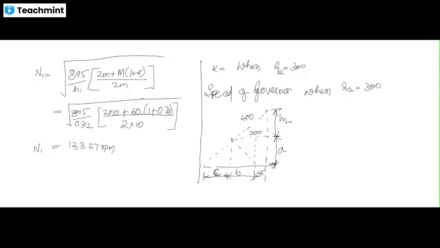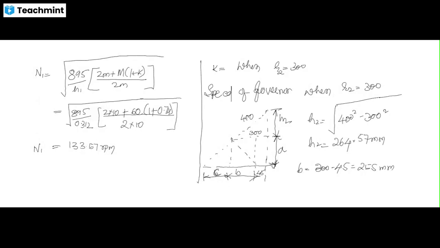Now let us find out H2 first. H2 equals the height of the governor at radius R2 equals 300 mm. It is the square root of 400 square minus 300 square. H2 is 264.57.